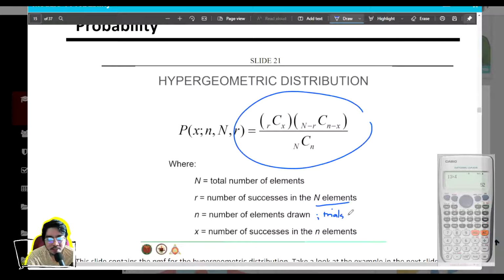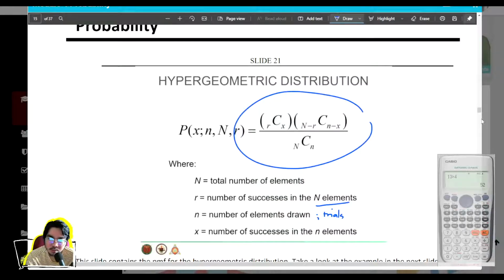Tapos X is the number of successes in the small n elements, or the small trials. Okay? So again, ang suggestion ko, wag nyo nang i-memorize to. Gagamitin natin yung Excel, because Excel exists, or spreadsheets exist as a tool for us to use.